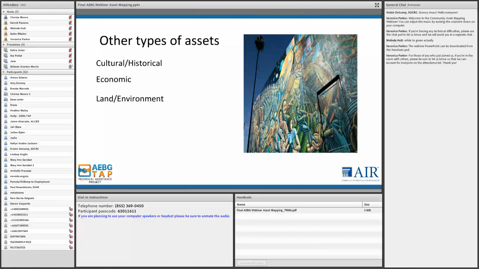And Jana talked a little bit about land and environment, but we included this photo of a mural as a clear example of a way to think about a landmark or something in a community that can reflect the community coming together and be a positive place for folks to take and turn into something beautiful.